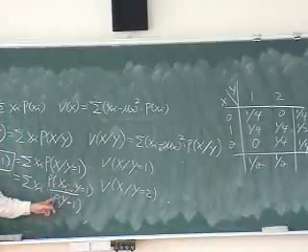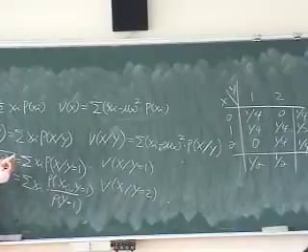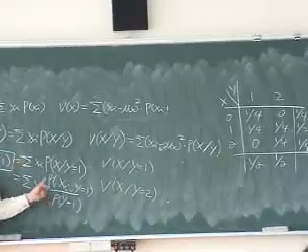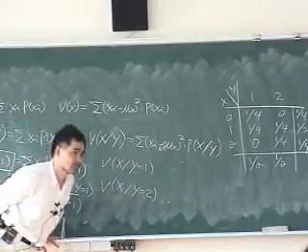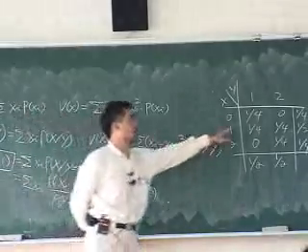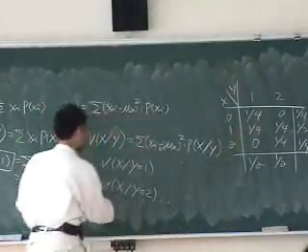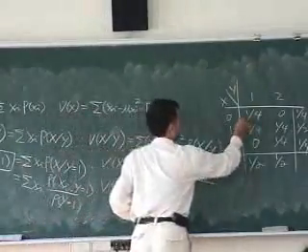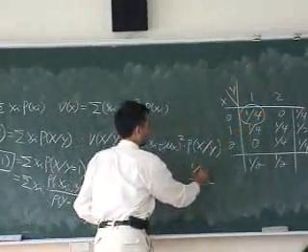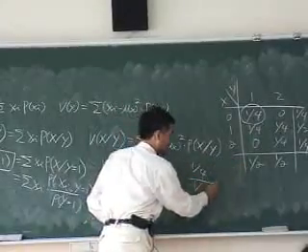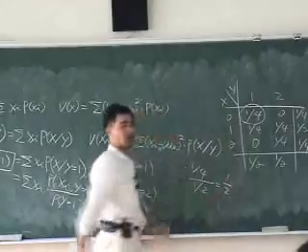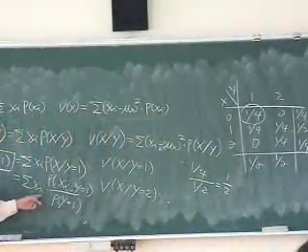Can anyone tell me what should be here? 1/2, right? Because up here this one is equal to 1/4, and down here it is equal to 1/2, so it is 1/2.